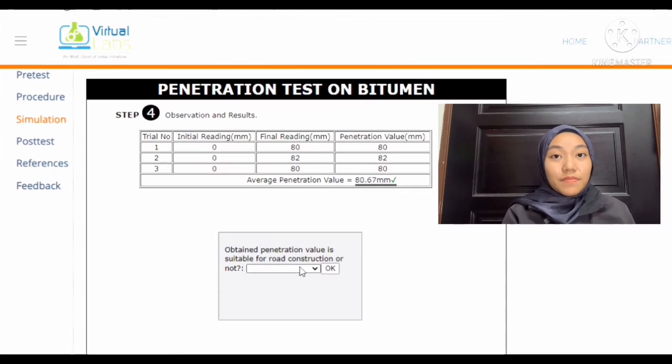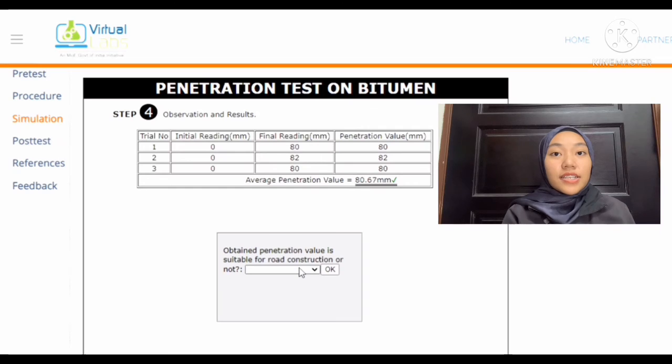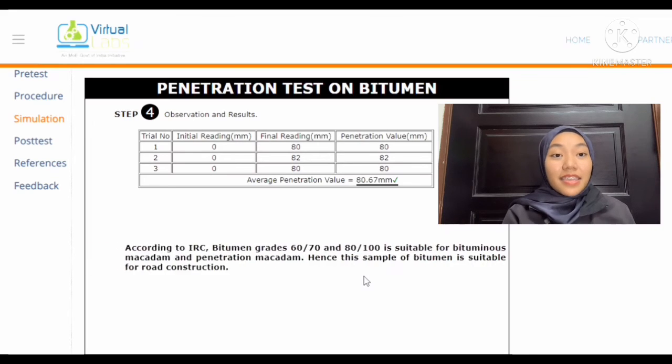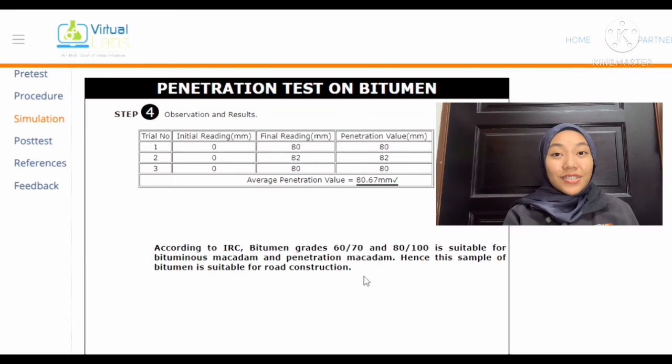Answer the question: obtained penetration value is suitable for road construction or not? The answer is yes. Conclusion. According to IRC, bitumen grades 60/70 and 80/100 are suitable for bituminous macadam and penetration macadam. Hence, the sample of bitumen is suitable for road construction.